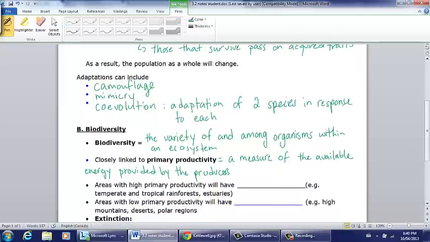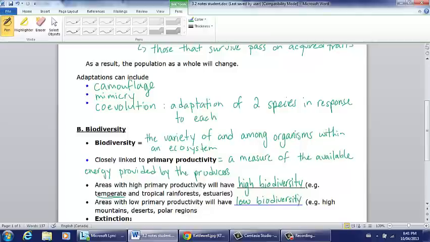It should make sense that areas with high primary productivity will have high biodiversity. Here we live in a temperate rainforest and we have a high primary productivity and we also have a high biodiversity. Areas with a low primary productivity will therefore have a low biodiversity, not very many different kinds of species.